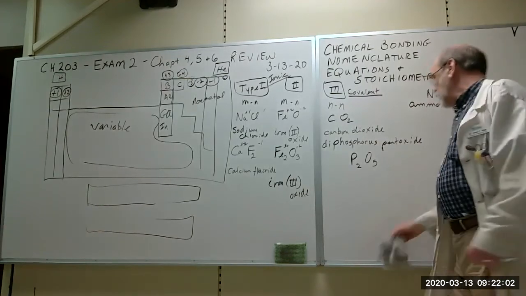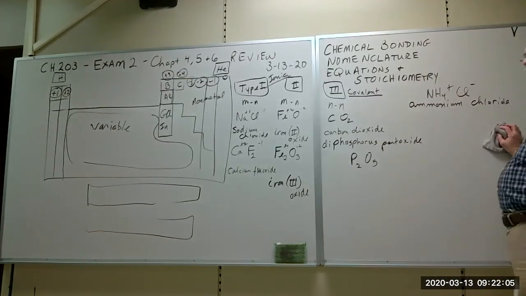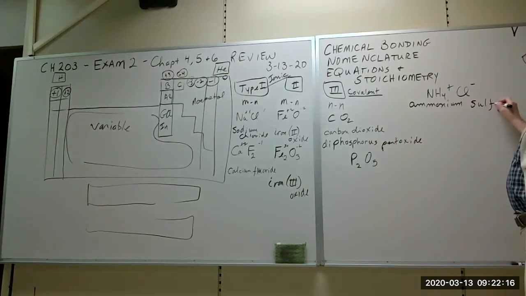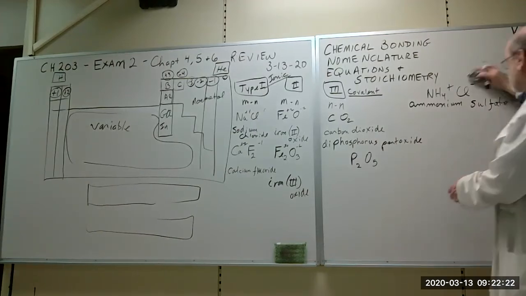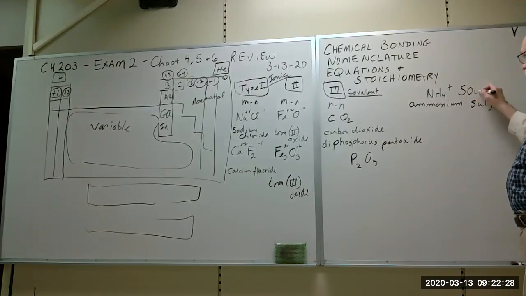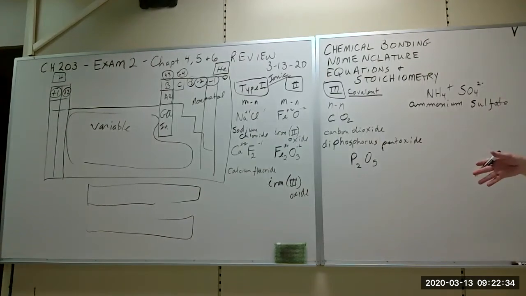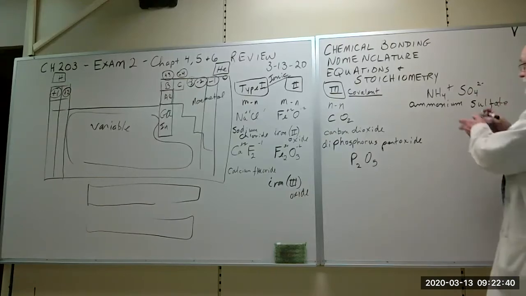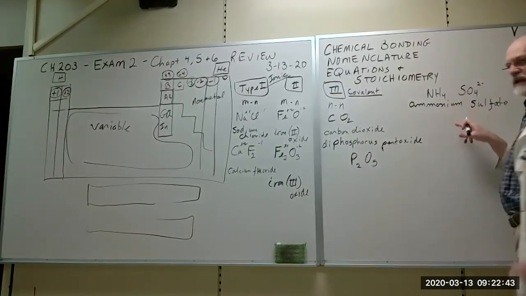Okay. Suppose we combined it with, let's see. How about this one? Suppose there are two polyatomics together. Okay. Now we need to know what sulfate is. Sulfate is like that. Okay. So now you have to balance the charges. Right? So you need 2 pluses to balance that 2 minus, which means you need 2 ammoniums.